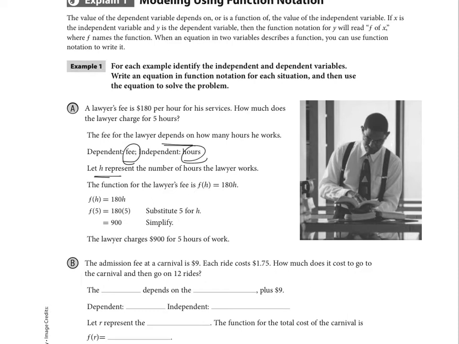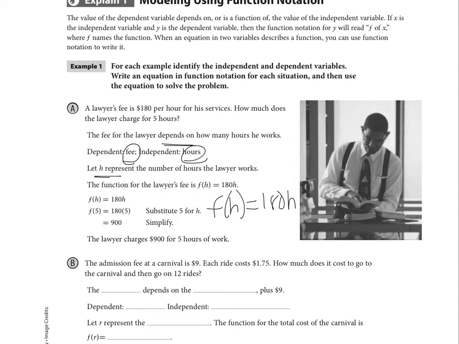So we're going to use h in our equation instead of x. You can see below that we're going to use function notation, so instead of using y, we're going to use f. So it's a function that has an h in it, and it's just $180 per hour. So that's where f of h equals 180 times h.